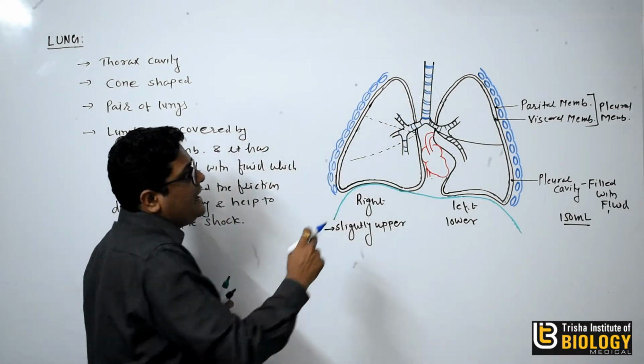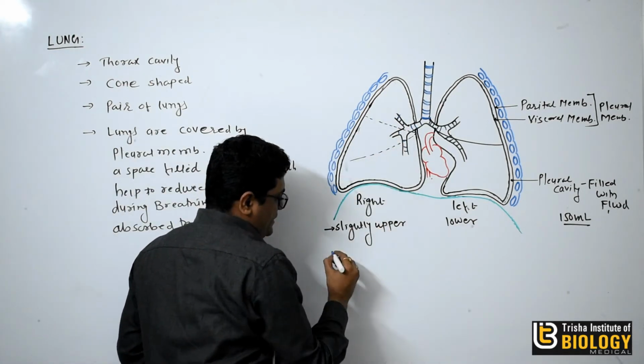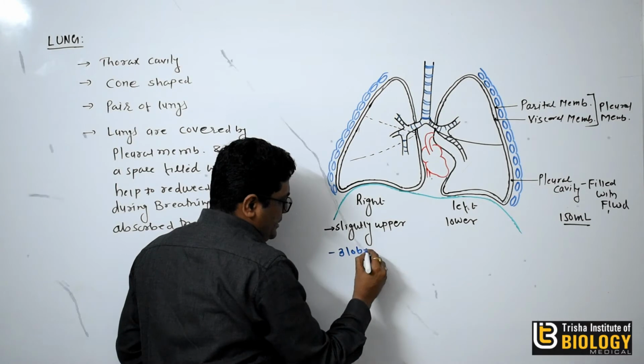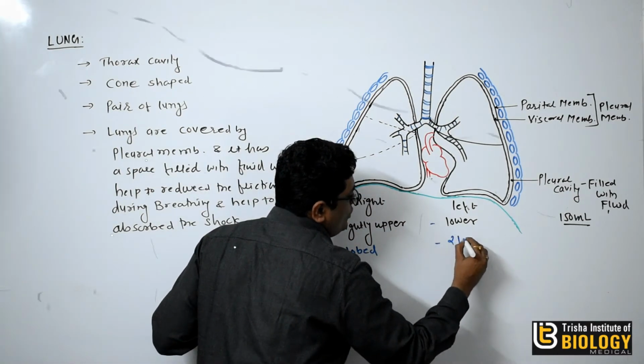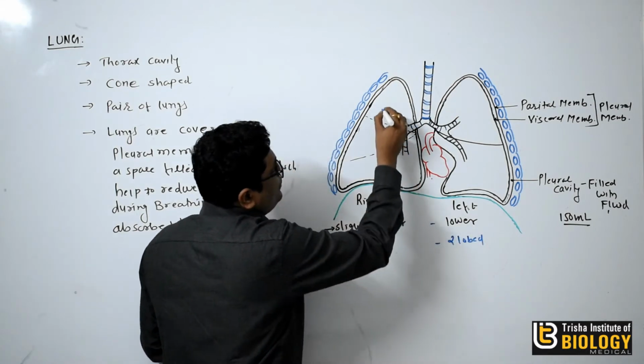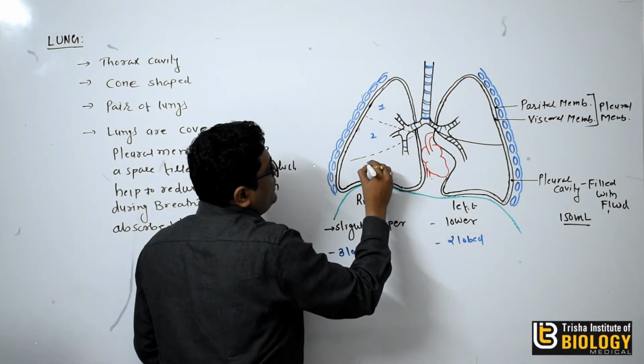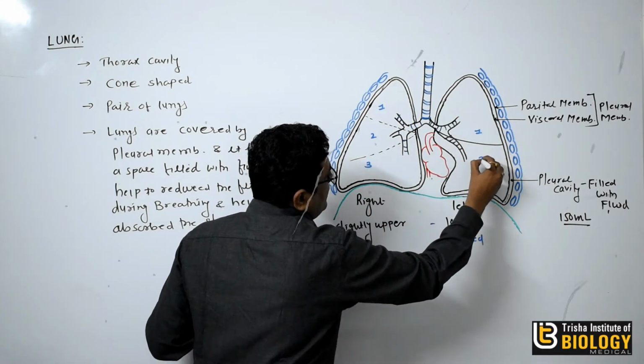The right lung has three lobes. The left lung has two lobes. Here it is lobes 1, 2 and 3, and here it is lobes 1 and 2.